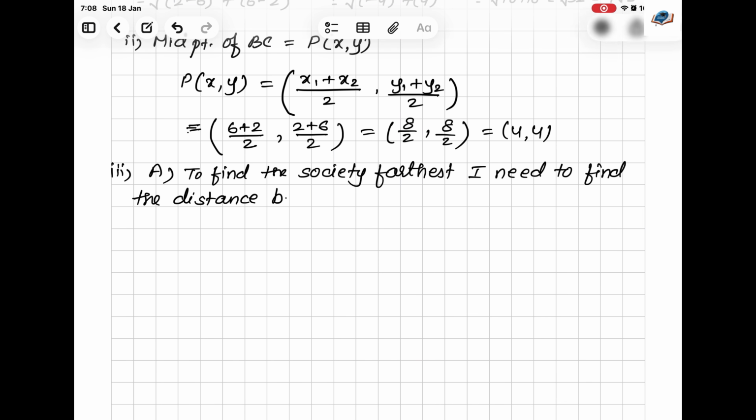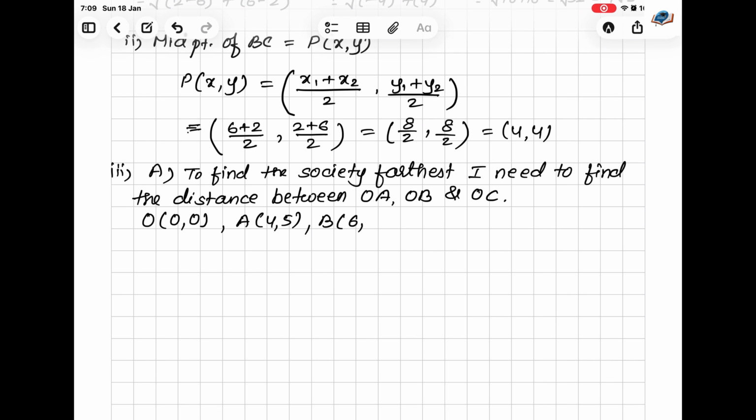The distance between OA, OB and OC, because three people are there. So all the distance. Here O is (0, 0), A is (4, 5), B is (6, 2), and C is (2, 6).